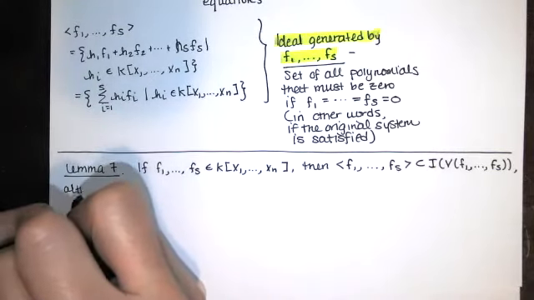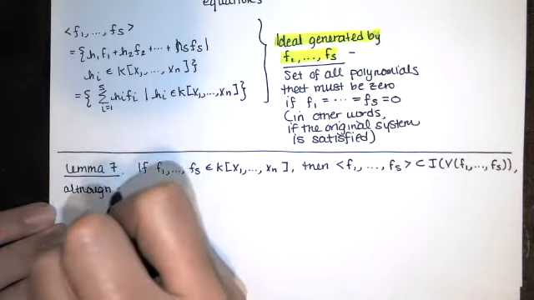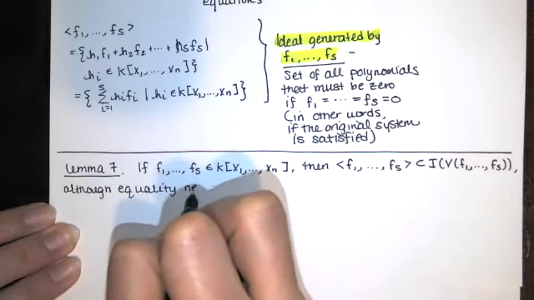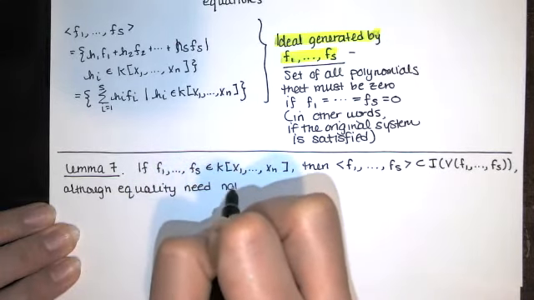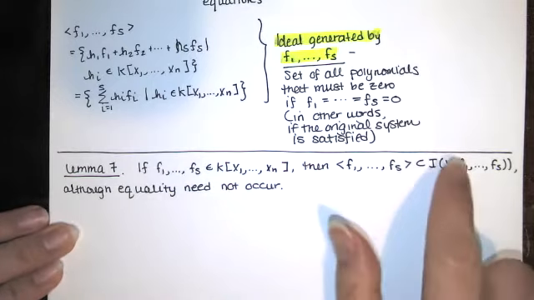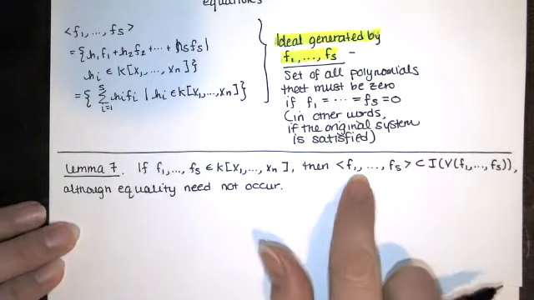And then it says, although equality need not occur. In other words, there are some cases where this is strictly larger than this.